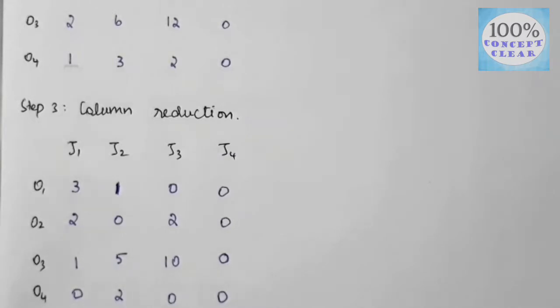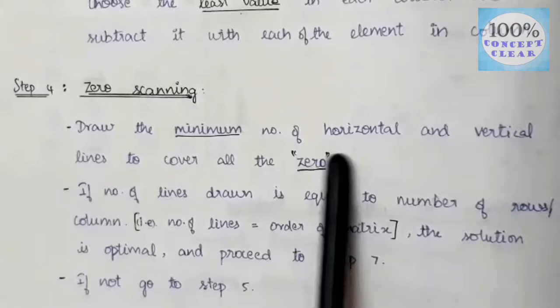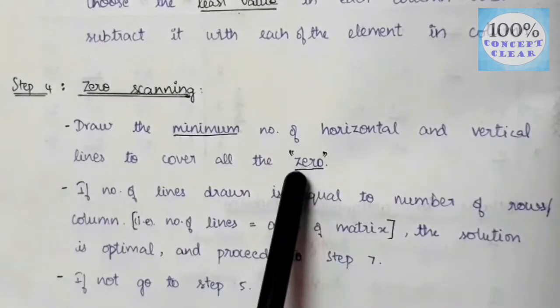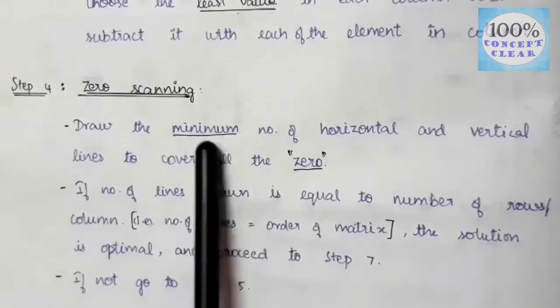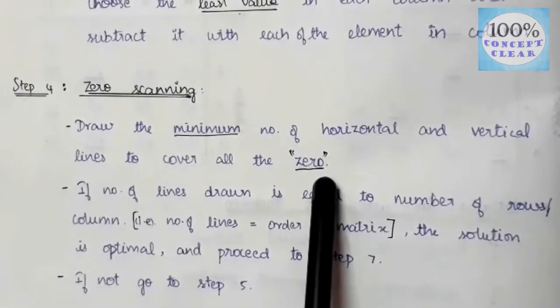Let's check what is step 4. Step 4, zero scanning. Draw the minimum number of horizontal and vertical lines to cover all the 0. Here we have to draw the minimum number of horizontal and vertical lines to cover all the zeros.